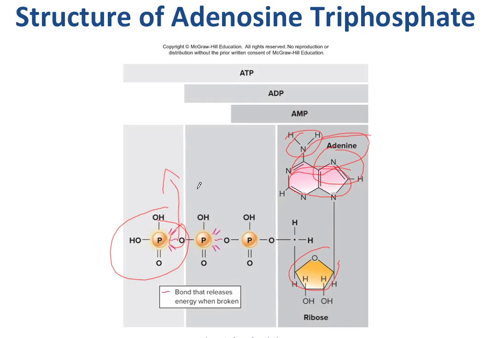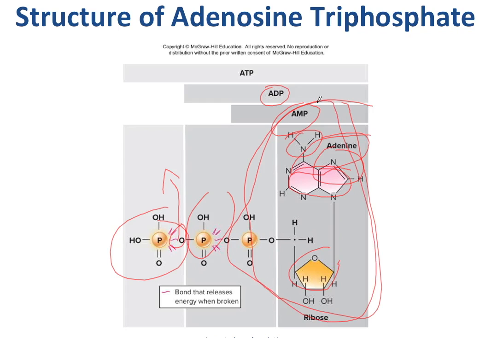Once the terminal phosphate is released, this molecule is called ADP. Once the second phosphate is released, this molecule is called AMP. M means mono, just one. AMP cannot release energy anymore. However, AMP is widely used as a secondary signaling messenger.